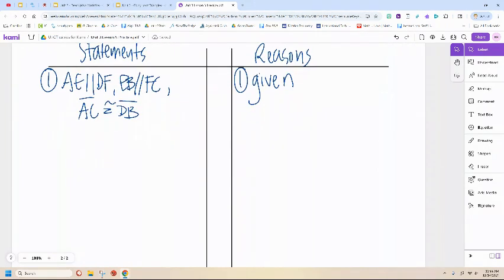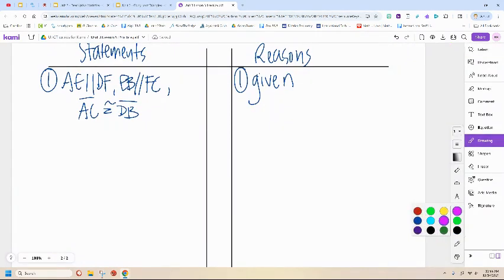I have the flashcard out. I'm proud of you. Do you want me to read it? No. I'm going to write angle A is congruent to angle D, because that's kind of what the thing in the middle is.